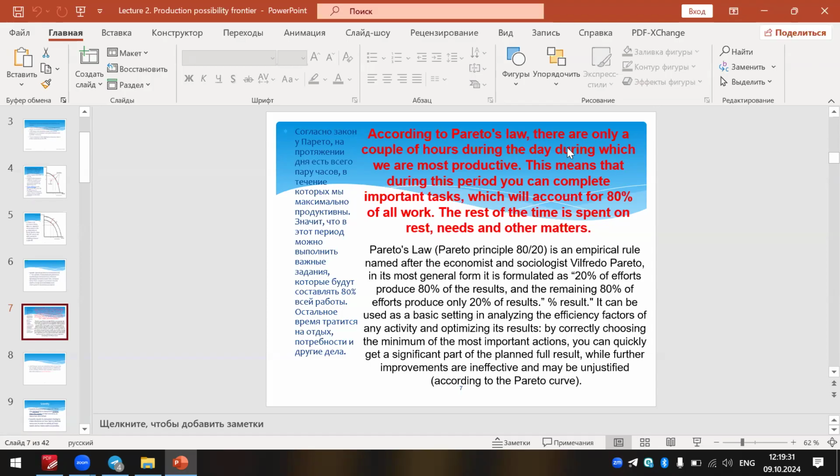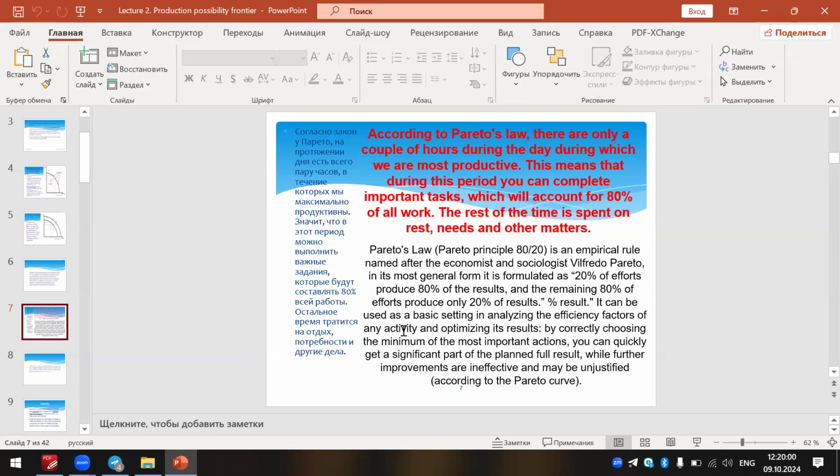This means that during that period you can complete important tasks, which will account for 80% of all your work, yeah? And the rest of the time is spent on your rest, needs, and other matters. So the Pareto law, in other words the Pareto principle 80/20, is an empirical rule named after the economist and sociologist Vilfredo Pareto.